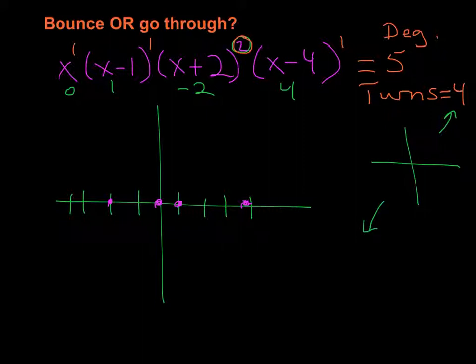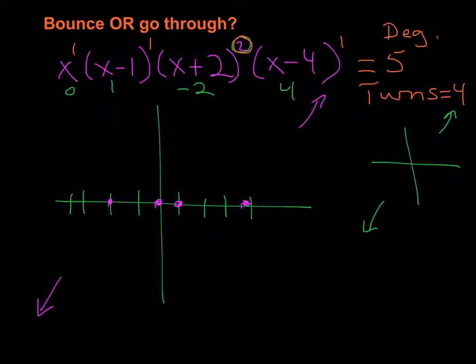So what I do, like I said in that video, is I draw my arrows first. So I'm going to go over to my graph and draw those. I'm going to draw an arrow down here and I'm going to draw an arrow up here. Okay? So I know that's my beginning and end behavior, and I know what all my zeros are. So now I'm going to decide whether or not I'm going to go through or bounce off.